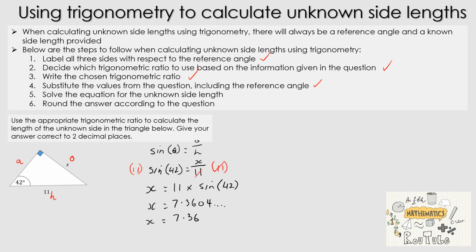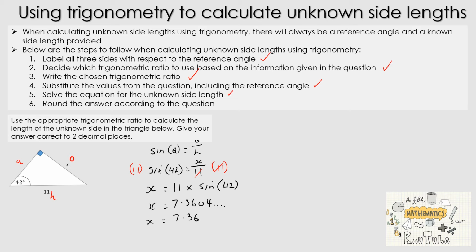So 7.36 should be our measurement. Now it's really important to check your answer. Our answer should be less than 11 because it cannot be larger than the hypotenuse. So that's another good way to double check. So this is a manual way to solve or calculate the unknown side length using trigonometry.